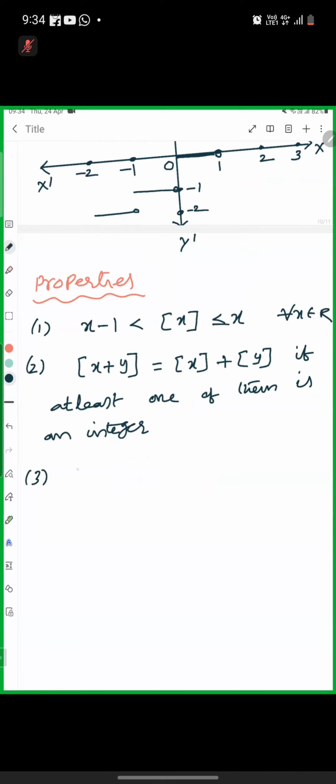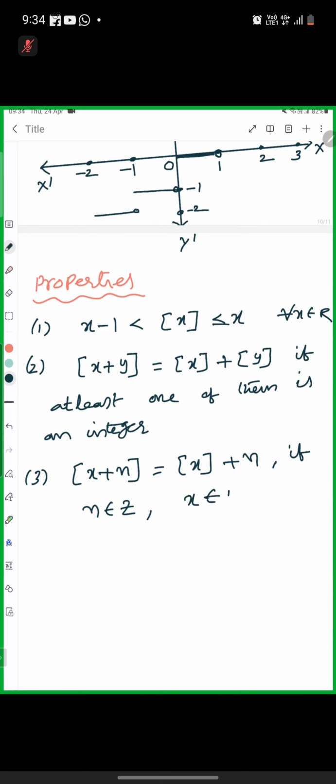Similarly, the integral part of x plus n can be written as the integral part of x plus n if n is an integer and x is any real number. If you want to separate n from this step function, that is only possible for an integer.